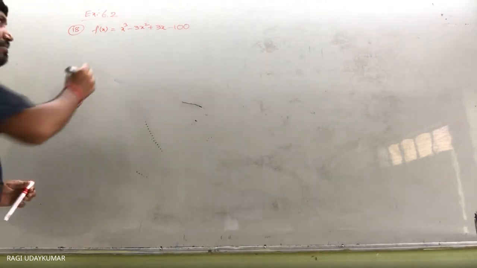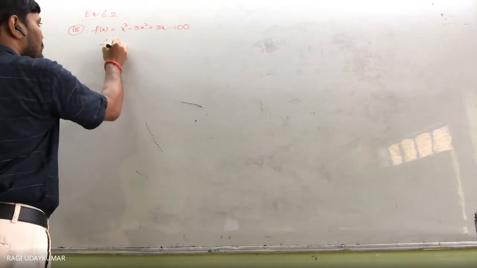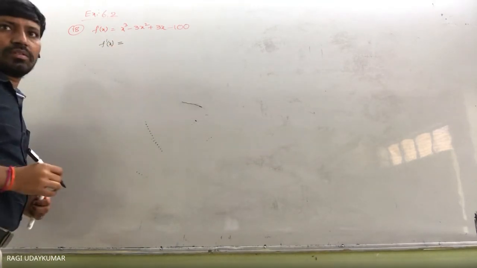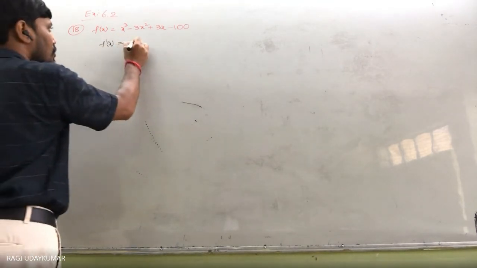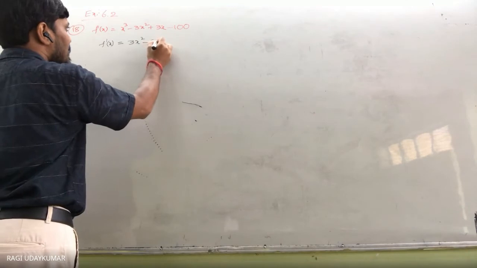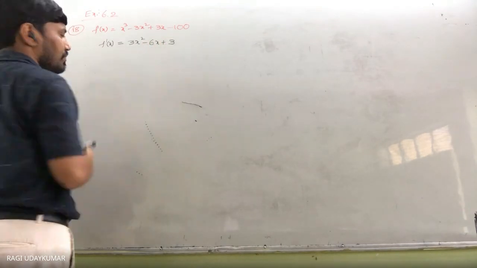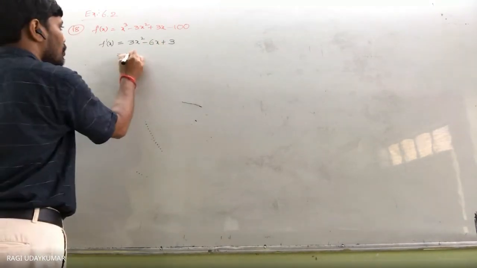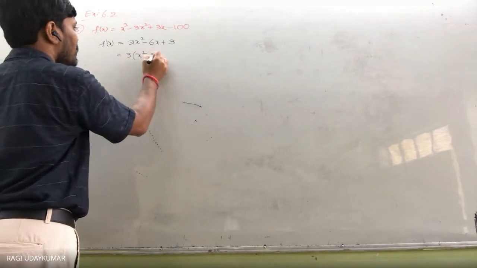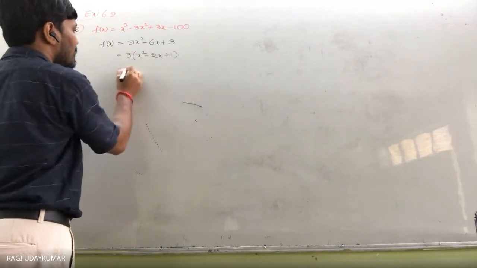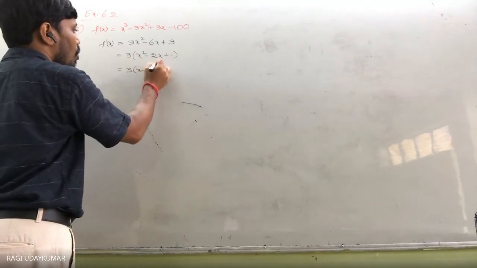Now what do you get here from this? F dash of x is equal to 3x square minus 6x plus 3, which is equal to 3 common, x square minus 2x plus 1 will come, 3 into x minus 1 whole square.